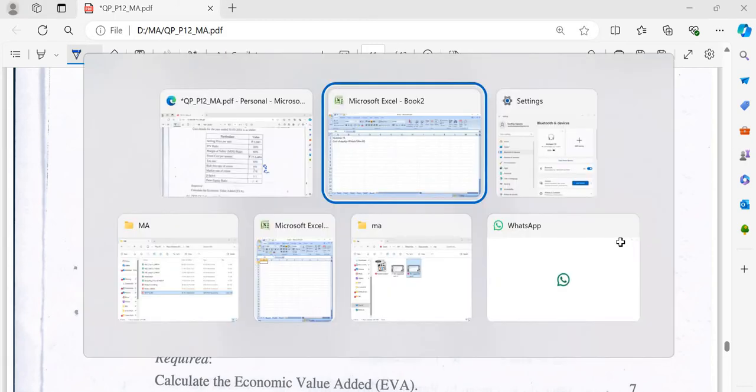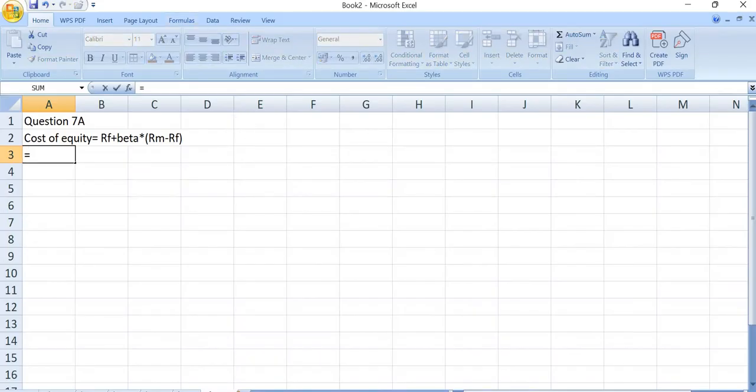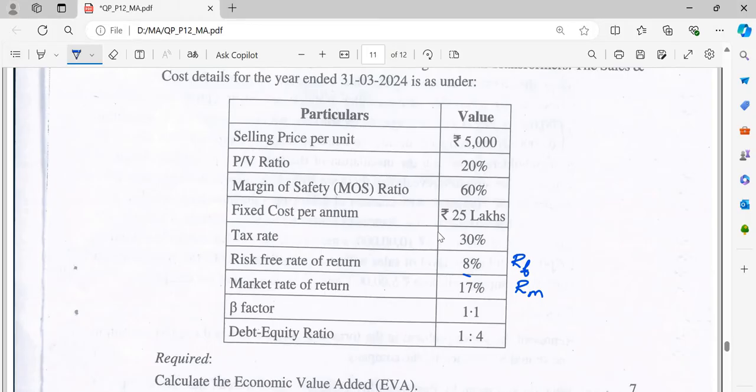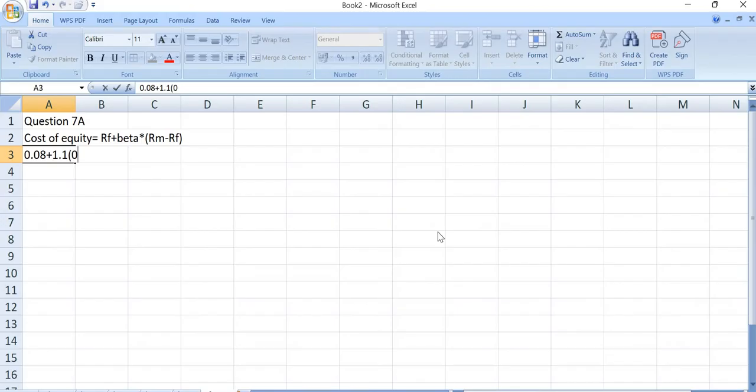So 8%, 0.08 I'm mentioning, beta is 1.1 into RM is 17, so 0.17 minus 0.08. If I solve this, I will get 17.9 percentage. This is my cost of equity. So 17.9 percentage is my cost of equity.